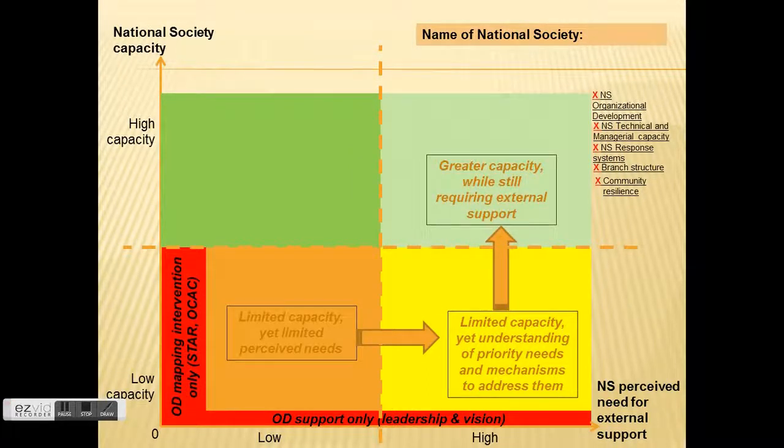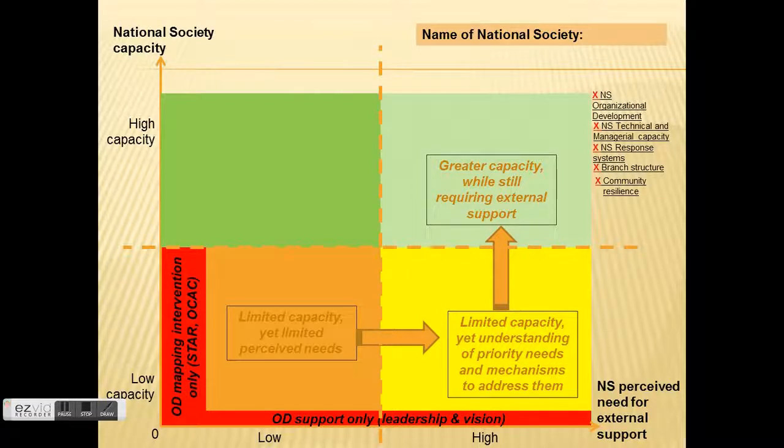So this shift to our higher capacity box in blue here, in the top right corner, in any of the 5 sectors would indicate an ability to take on increasingly challenging tasks, from reviewing statutes, updating strategic plans, updating standard operating procedures for disaster response, reviewing the management or branch structure, or expanding into new communities or new coalitions.